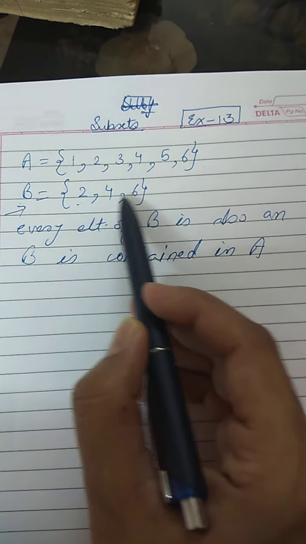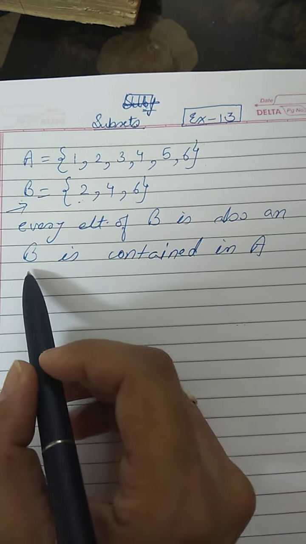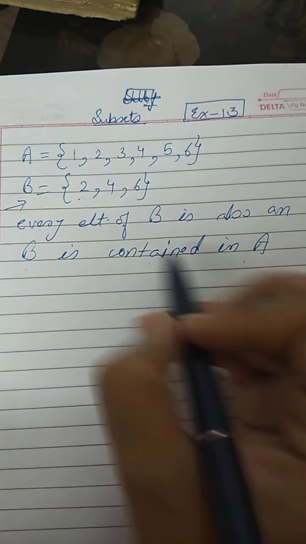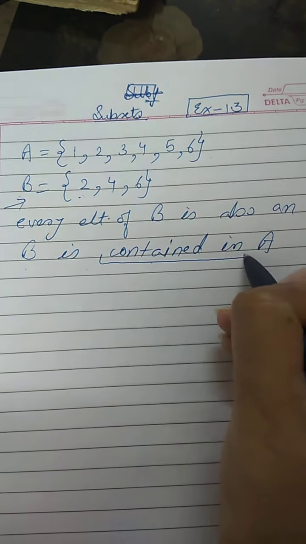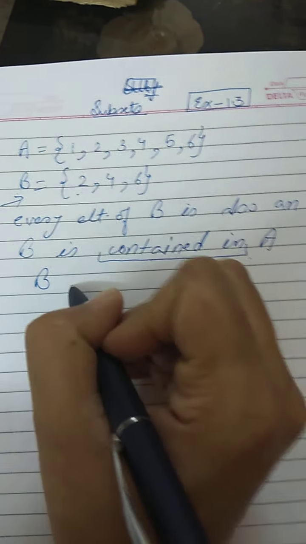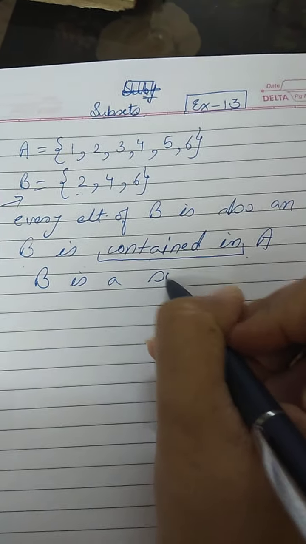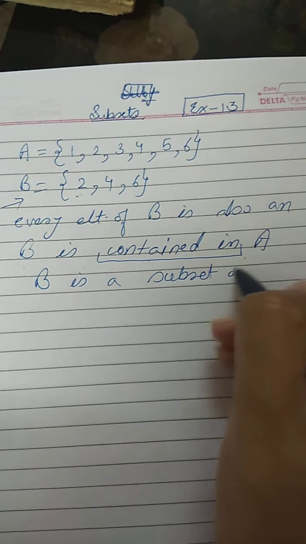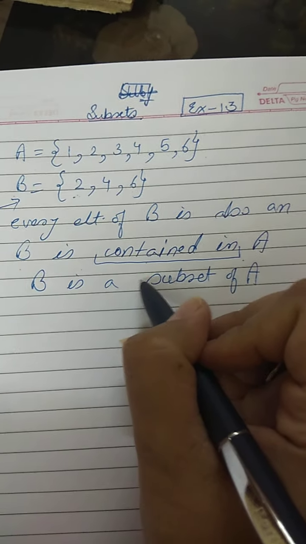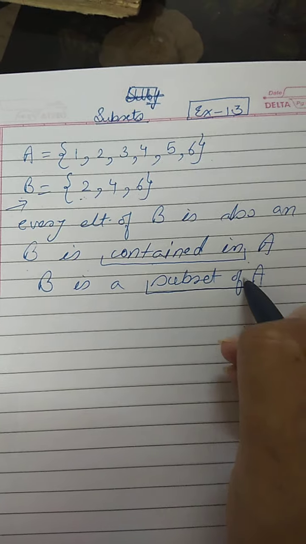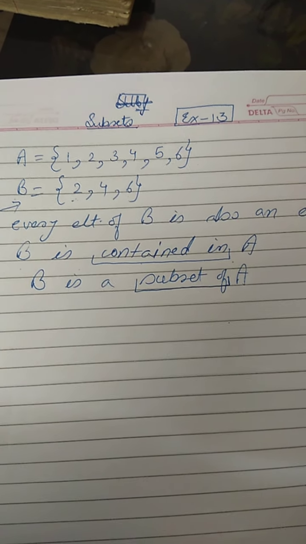Because every element of B is coming from A. And this phrase, B is contained in A, we can also say as B is a subset of A, right? Either contained or subset of, it will be the same.